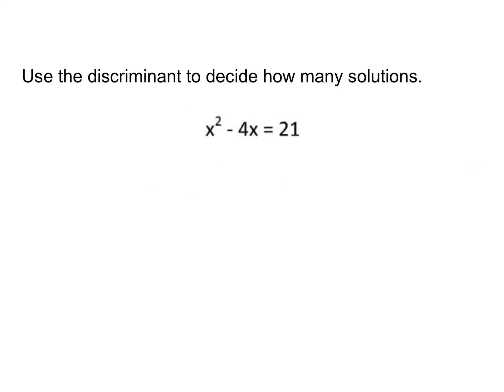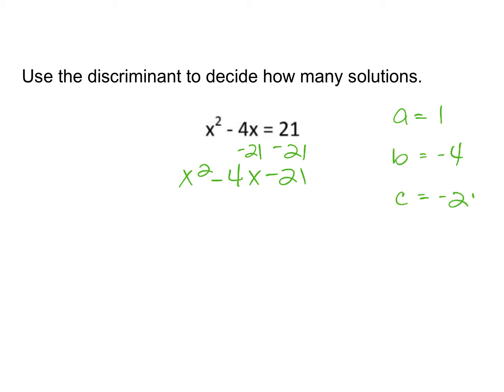All right, so we need to get this equation into standard form, so I'm going to subtract 21. So we would have x squared minus 4x minus 21. So our a value is 1, b is negative 4, c is negative 21. So as we work our way through this, we would have b squared minus 4ac.